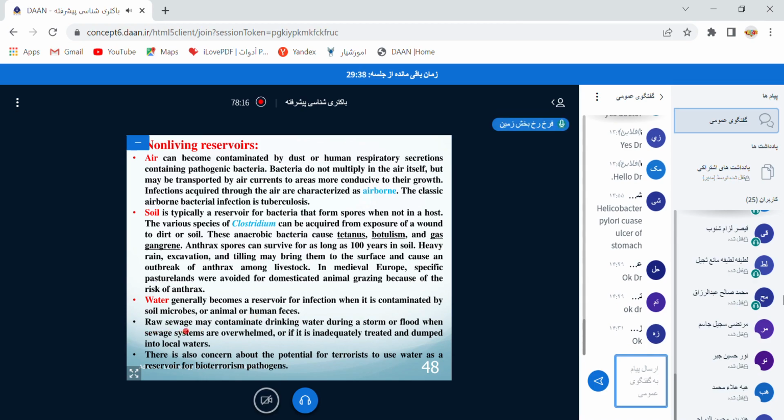Raw sewage may contaminate drinking water during a storm or flood when sewage systems are overfilled, or if sewage is inadequately treated and dumped into local waters. There is also concern about the potential for terrorists to use water as a reservoir for bioterrorism pathogens.